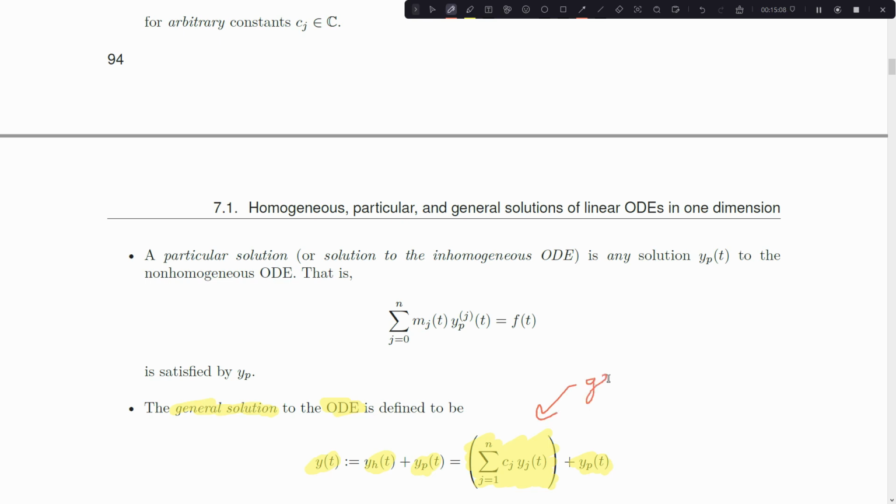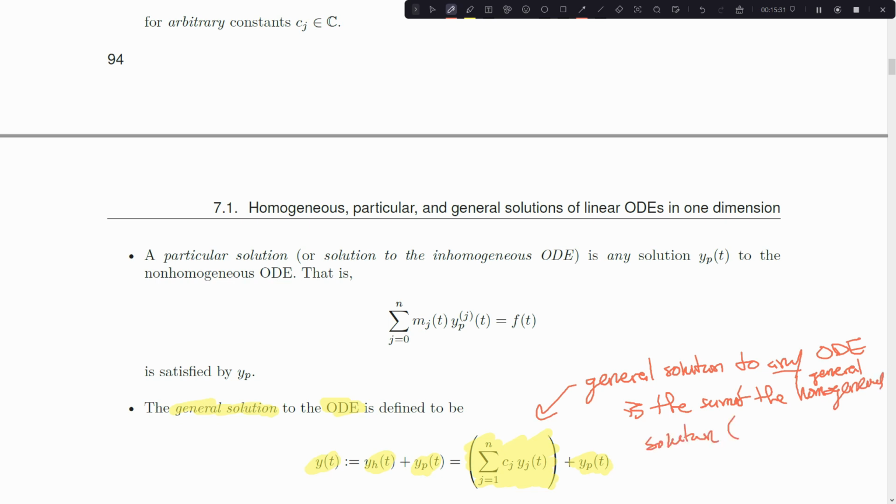So the general solution to any ODE is the sum of the general homogeneous solution, aka the span of the fundamental set of solutions. It's the span of the fundamental set plus any particular solution.